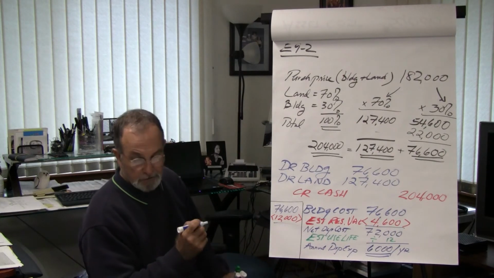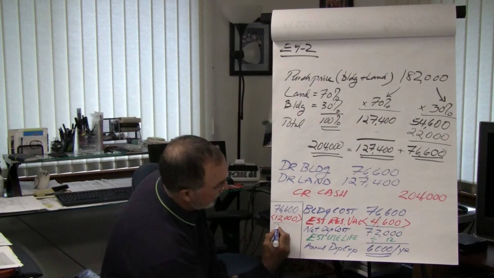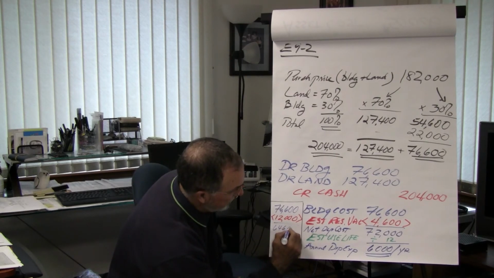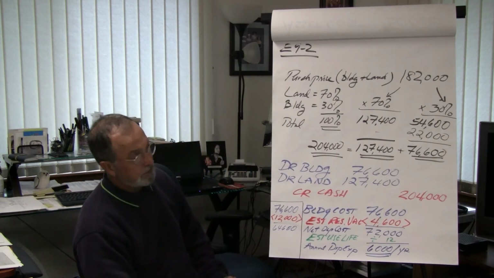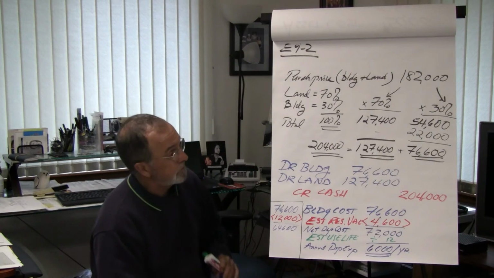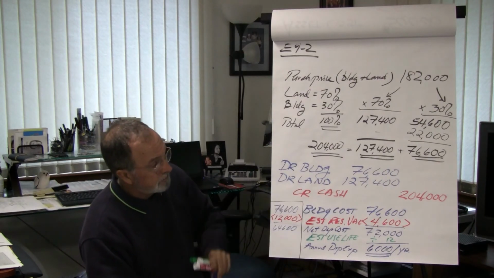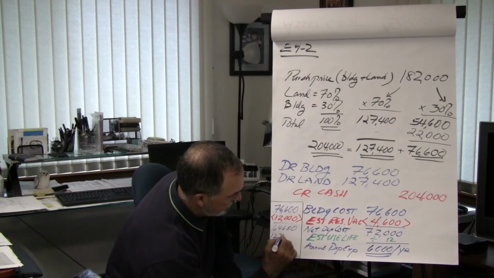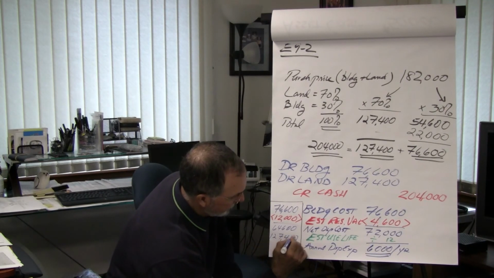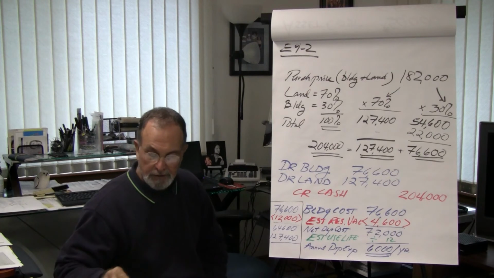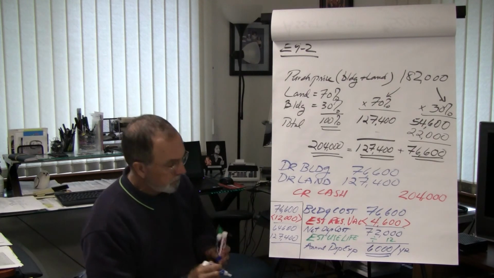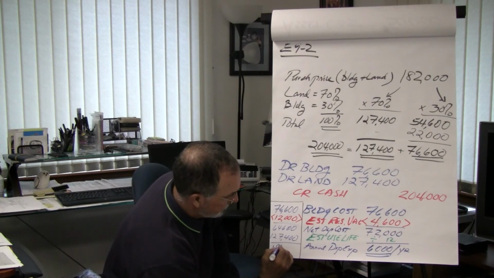So the book value of the building at the end of year two would be $64,600. And then if we were to add in the land, which costs us $127,400, but is not depreciated, then our total book value would be $192,000.